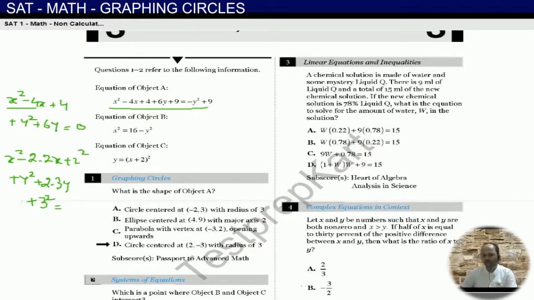Since left hand and right hand sides are equal, we have to add the same thing to the right. So the first 3 terms become (x minus 2) whole squared, and this becomes (y plus 3) whole squared, equal to 3 squared.